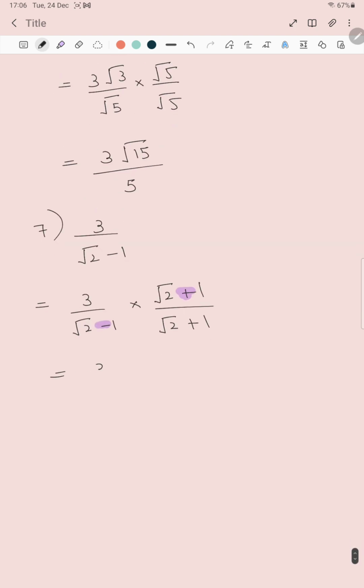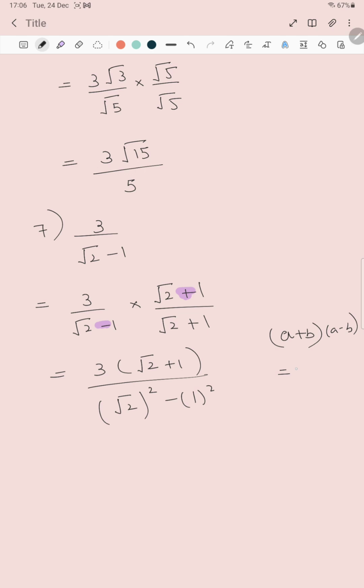Now with 3, we will multiply square root 2 plus 1, divided by, now when you multiply the denominator with the denominator, you can apply the third identity, square root 2 square minus 1 square. If you remember, a plus b into a minus b, we can write a square minus b square.